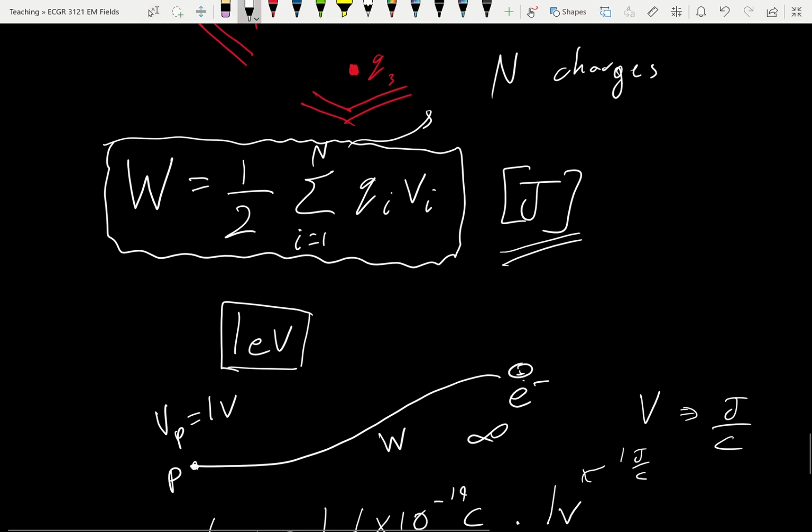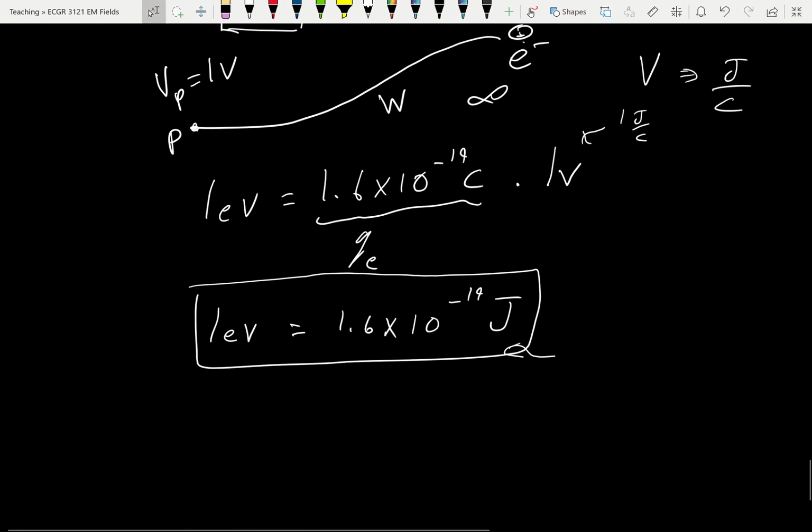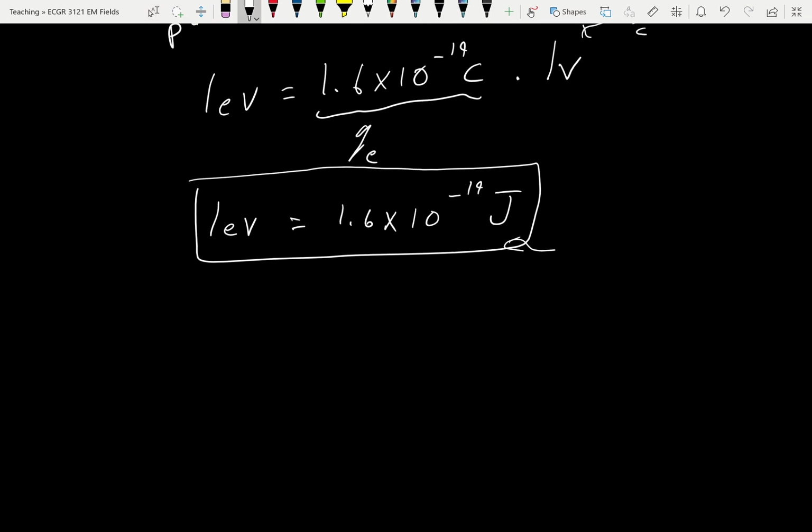Okay, so we could write this formula differently. Let's say we have a system where we don't know the charges at certain points in space, but we know the capacitances, C1, C2, C3. We have a bunch of objects, and we know the capacitance from each object to infinity.